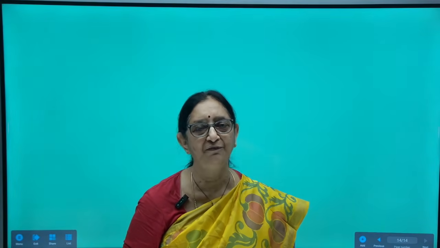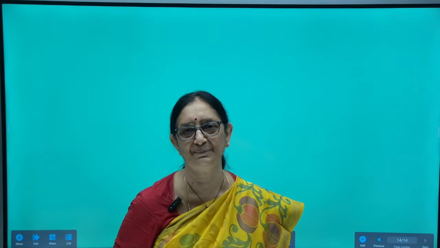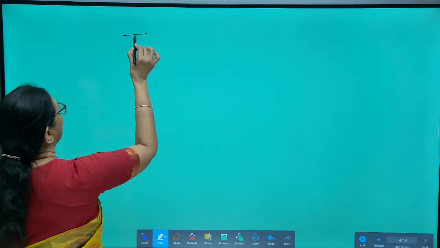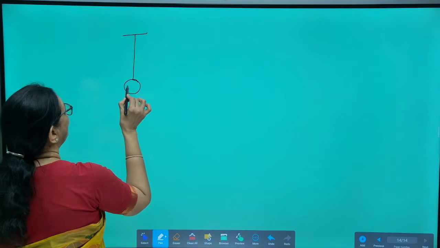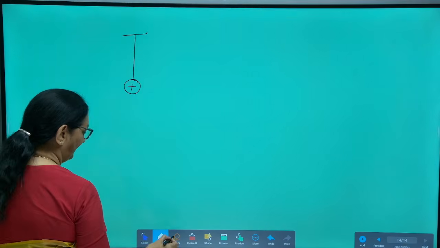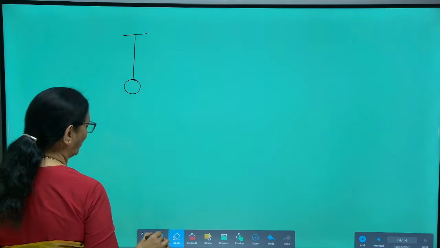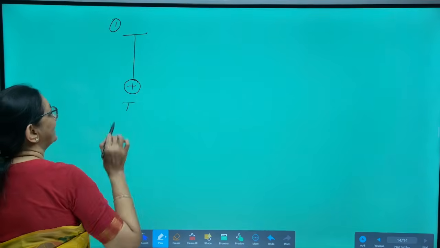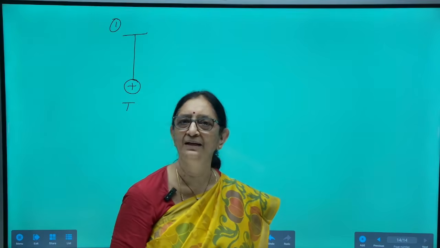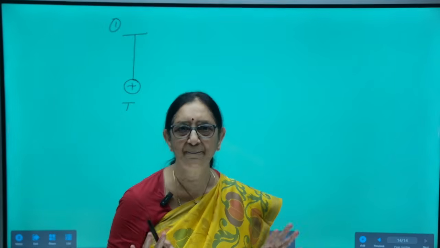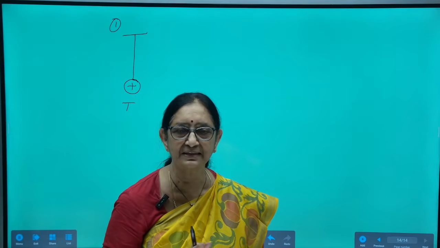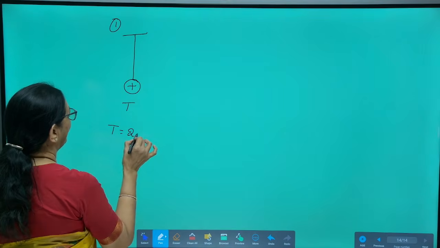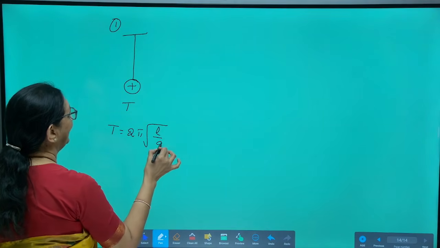The time period of oscillation of a freely suspended simple pendulum is T. Initially it is not given any charge, or even if it has a charge, no electric field is applied, so no electric force is there. It simply oscillates under the influence of the gravitational field. So the time period of oscillation T is equal to 2 pi square root of L by g.